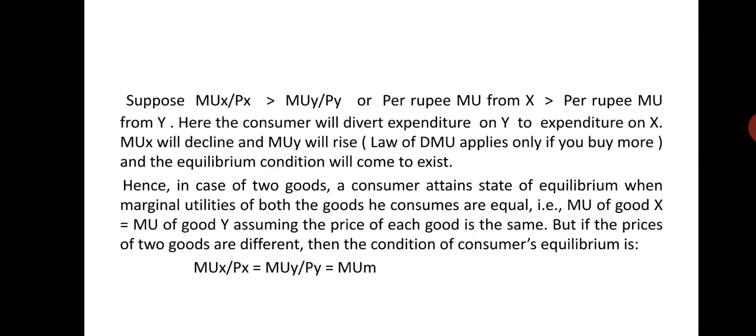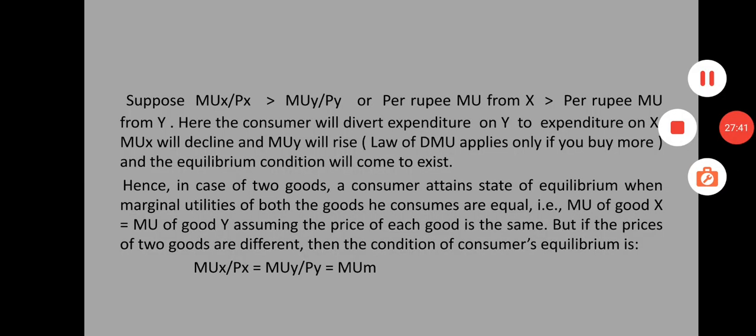Marginal utility of X upon price of X must be equal to marginal utility of Y upon price of Y must be equal to marginal utility of money. So this is all about the conditions for attaining equilibrium in case of a single good and in case of two goods.